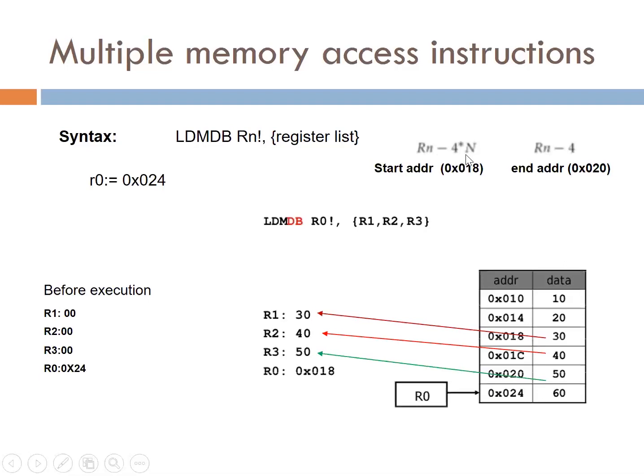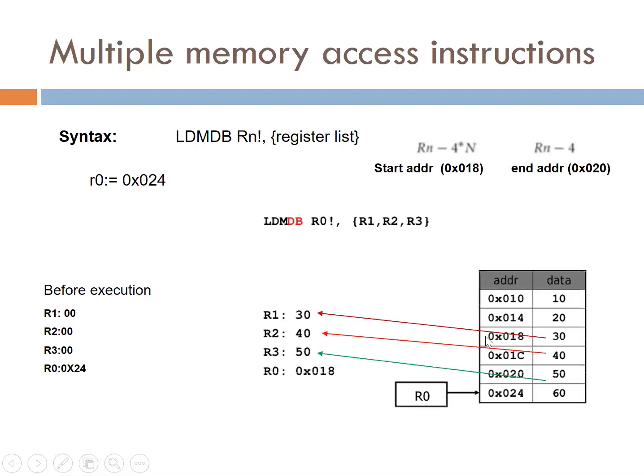So 24 minus 0C will be 0x018. That is the starting address. And the ending address is Rn minus 4. So 24 minus 4 will give you the end address as 0x020.